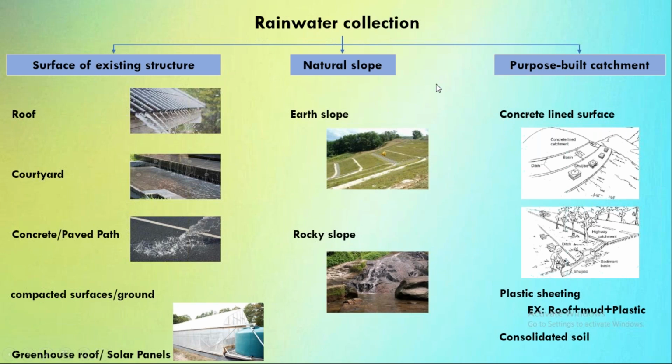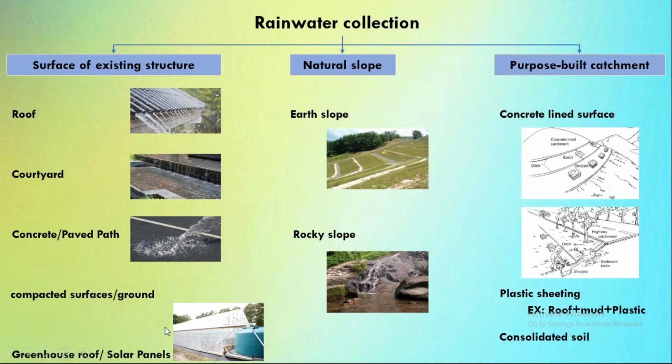Suppose we are in humid regions, we can use water from earth slope, because soil erosion will be less there, and normal vegetation will be available, which checks the erosion. But in arid regions, we have to construct some lining, so that we can reduce the erosion from the top to the bottom of the hill. So there are some basic limitations and advantages of this type of harvesting system.